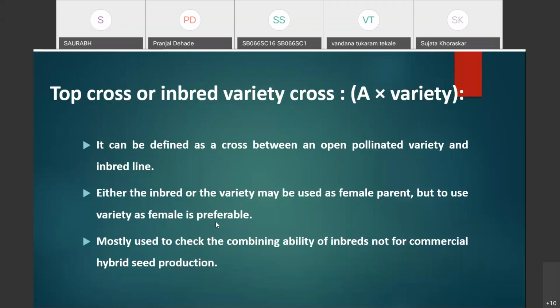That is all about the top cross or the inbred variety cross.